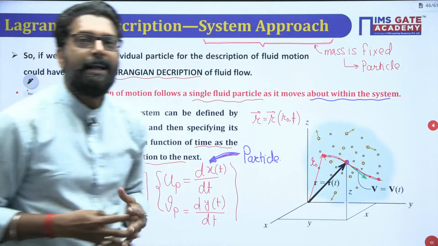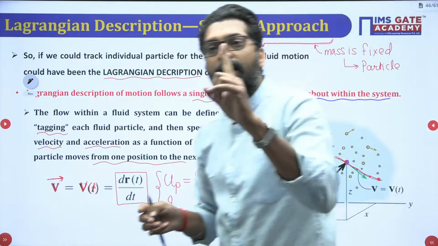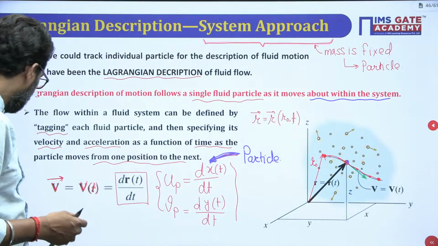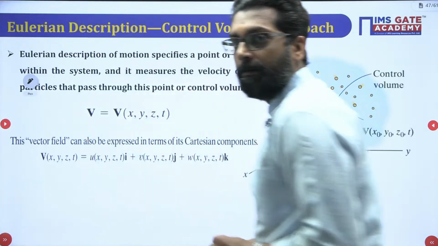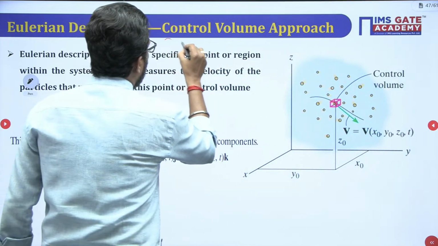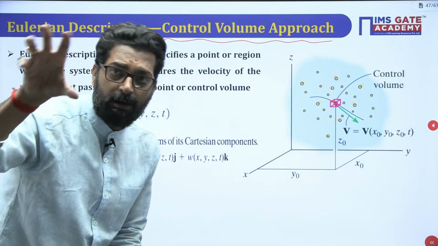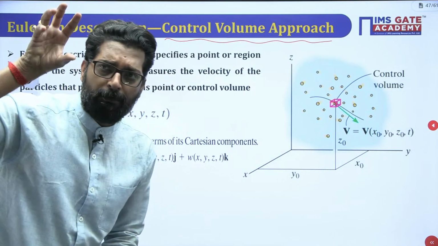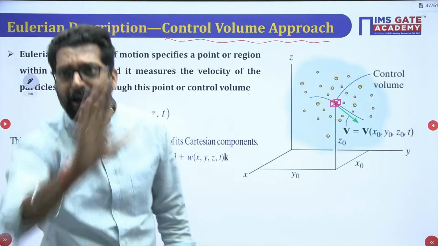So what is the alternative? The alternative is the Eulerian description, and it is nothing but your control volume approach. That means you have to fix a region in the space, in the field.